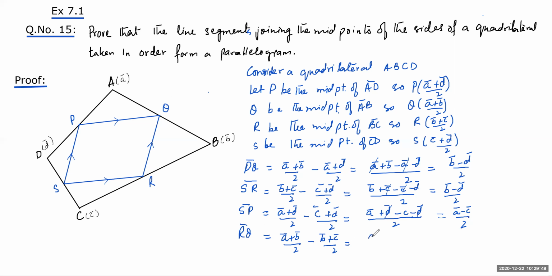Result is a plus b minus b minus c, whole divided by 2. As a result, b got cancelled and I have a minus c by 2. Let's compare these results.